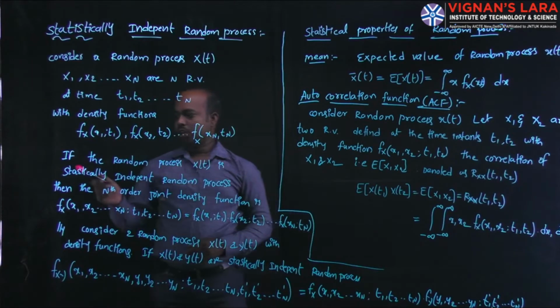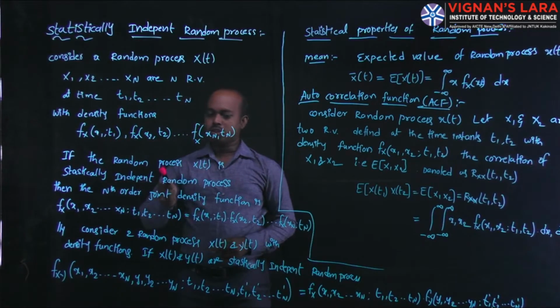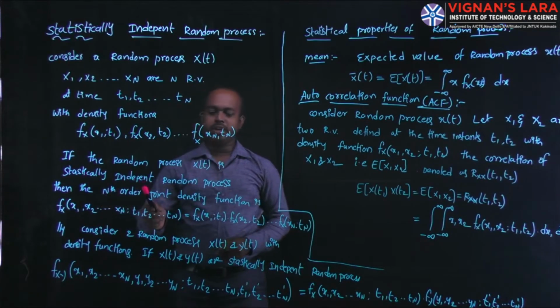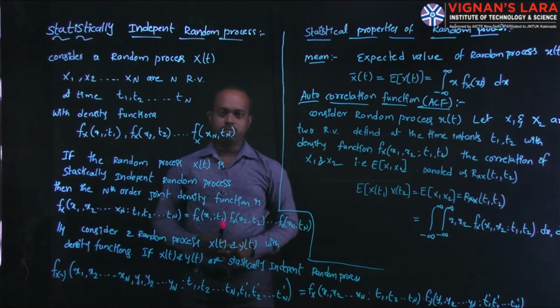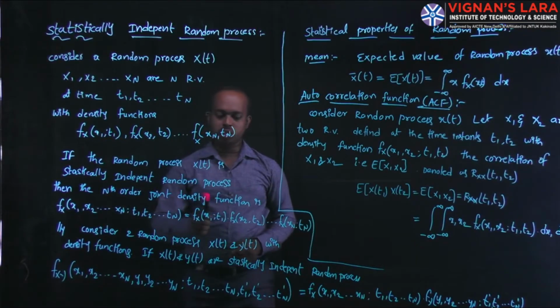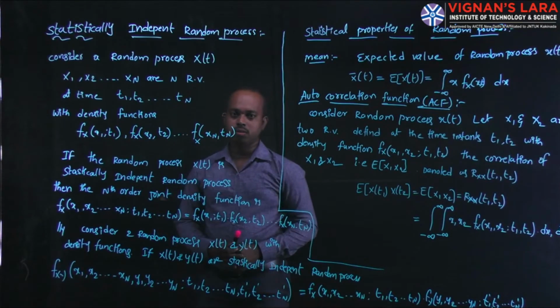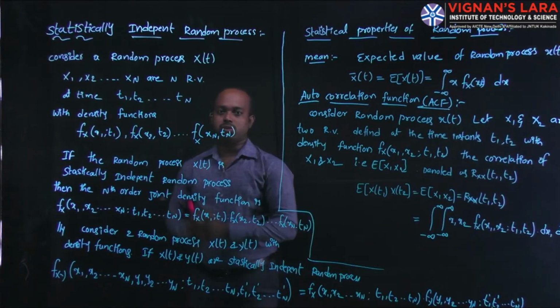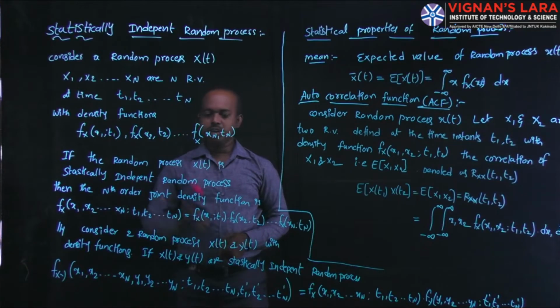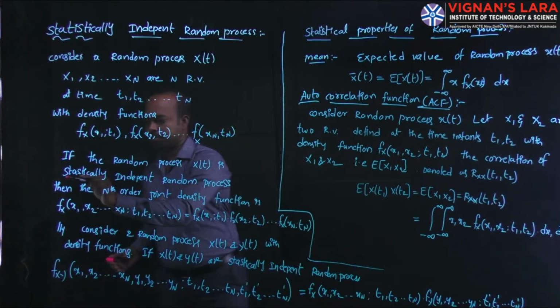Here the condition is: if the random process x of t is a statistically independent random process, then the nth order joint density function is, first of all, defined with the random variables and their time parameters and densities. Then you take the condition of a statistically independent random process.